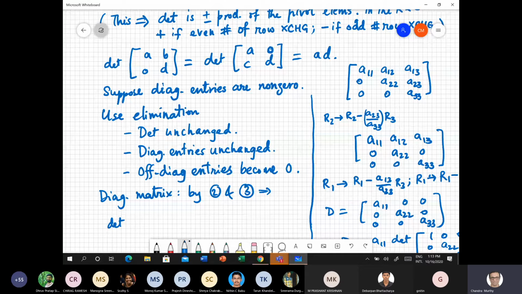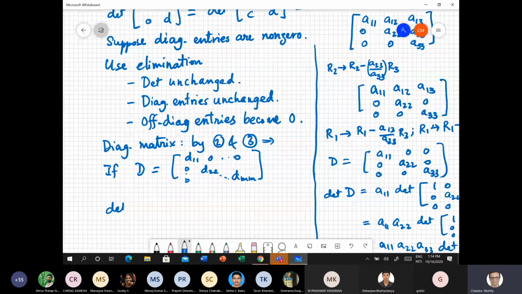determinant of, okay, let me write it a little more systematically. If D is D11, 0, D22, DMM, then determinant of D is equal to D11, D22, DMM.